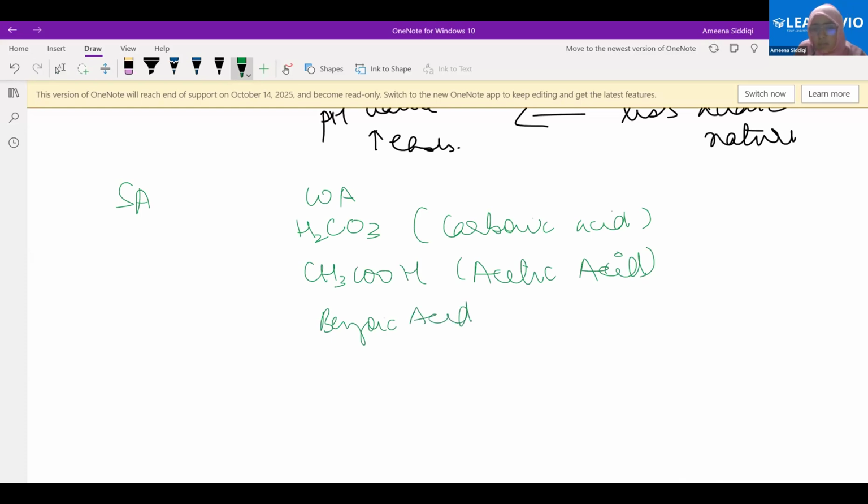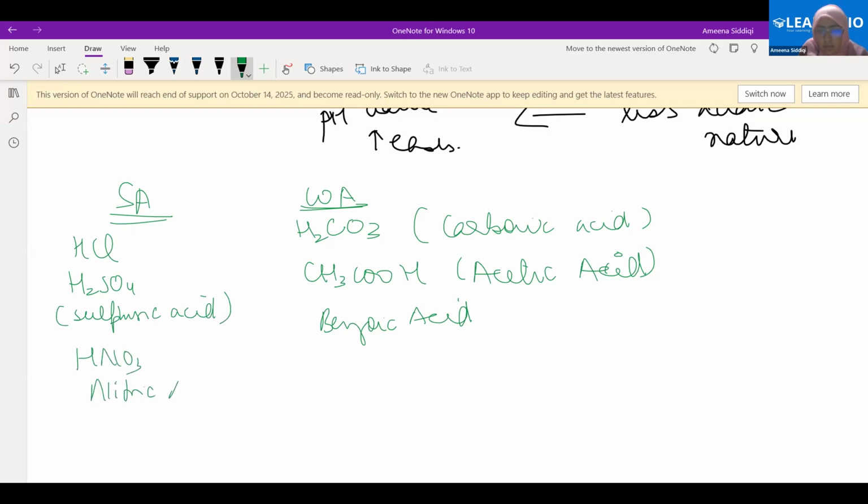These are weak acids. Strong acids already dictated: HCl, H2SO4, that is sulfuric acid, and HNO3, nitric acid. Clear? Now strong bases.